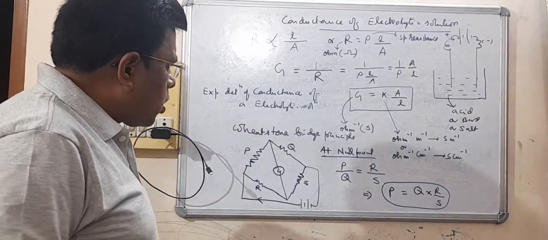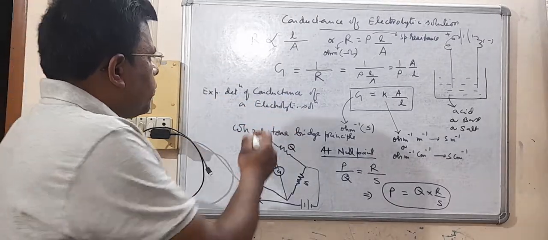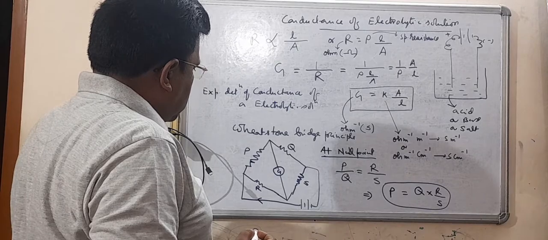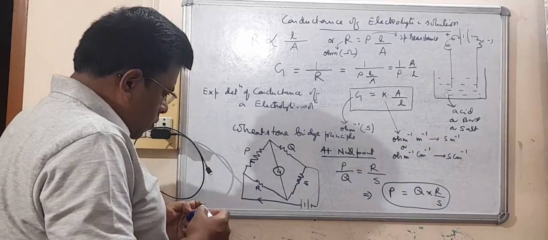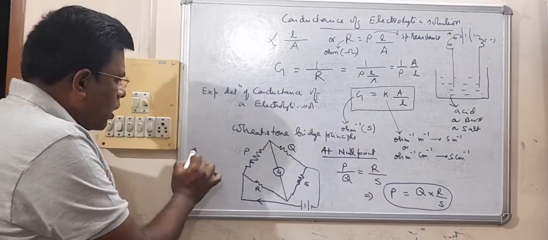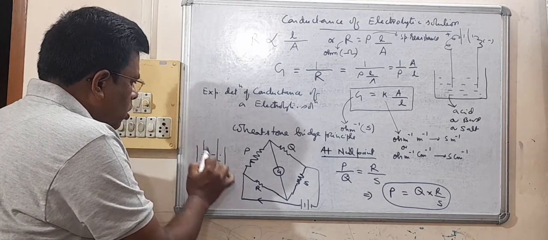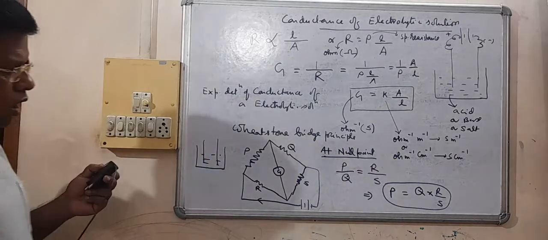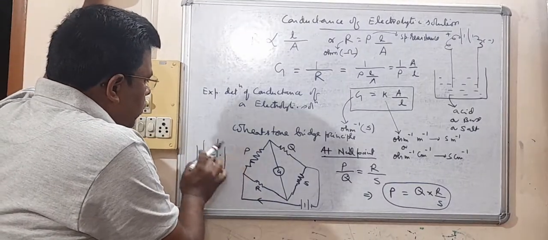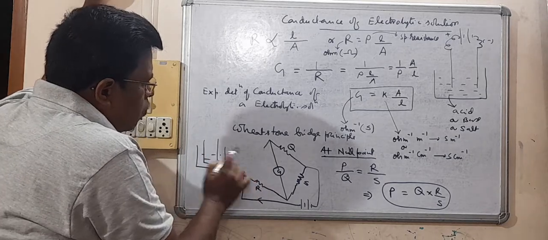Okay, now suppose we are trying to determine conductance of an electrolytic solution. So what we do is, suppose we have that electrolytic solution whose conductance we are trying to determine. So what we will do is we will make one arm. This will make one arm of the Wheatstone bridge.